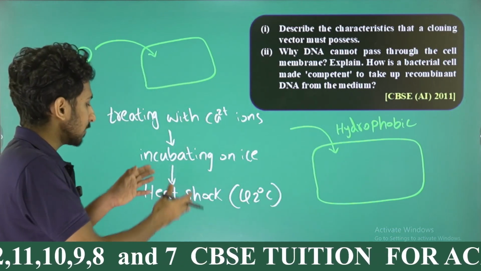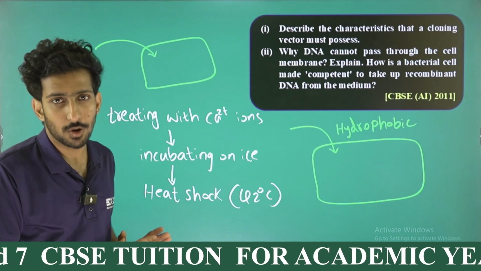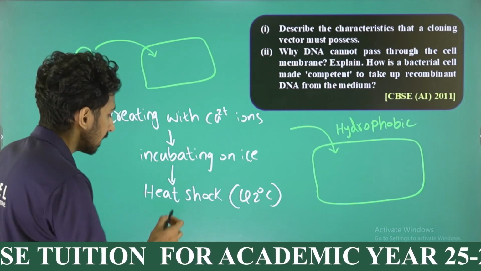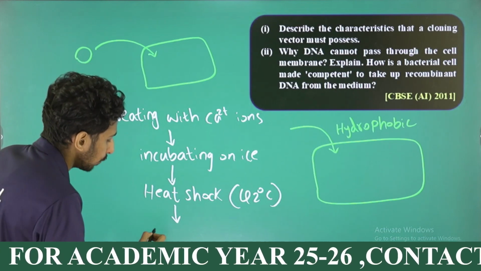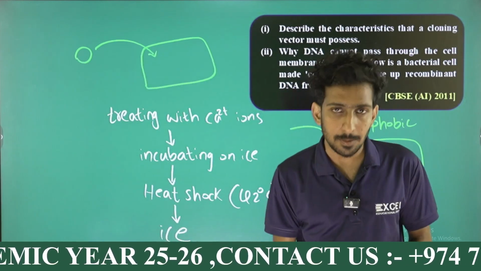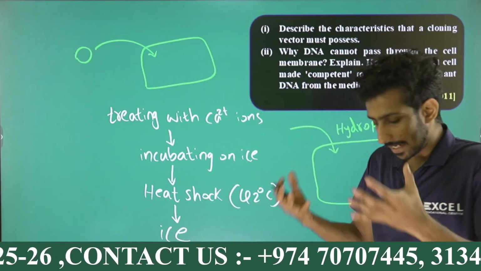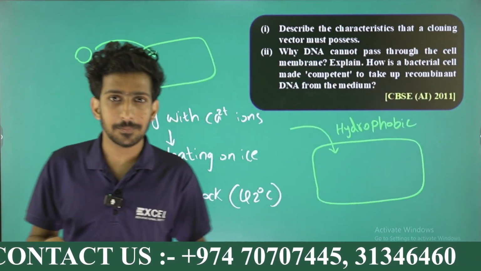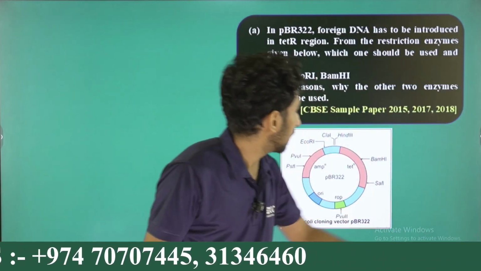Just transferring the bacterial cell from ice to heat is called heat shock. Then again transferring the bacterial cell into ice, incubating on ice again. These are the 4 steps to make the host cell competent to take up the DNA. Got it? So let's move to the next question.